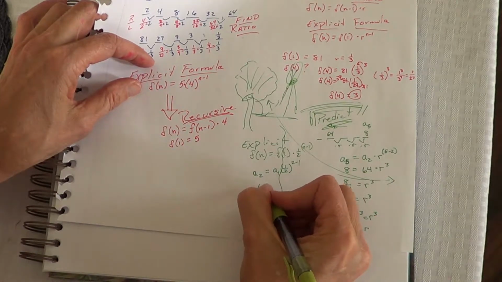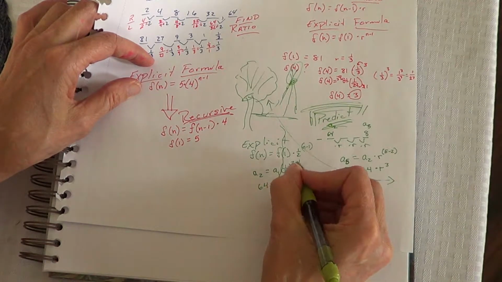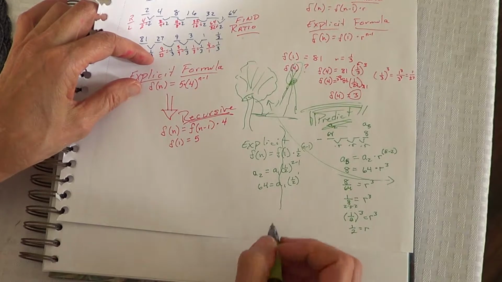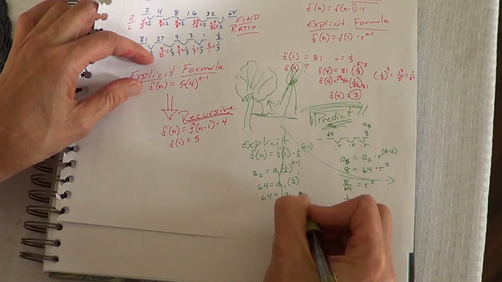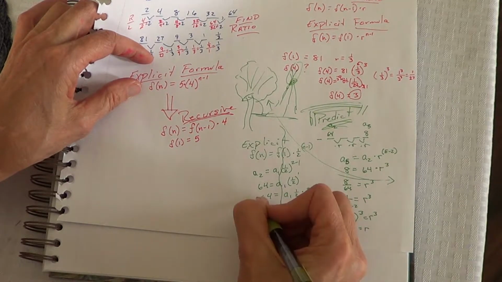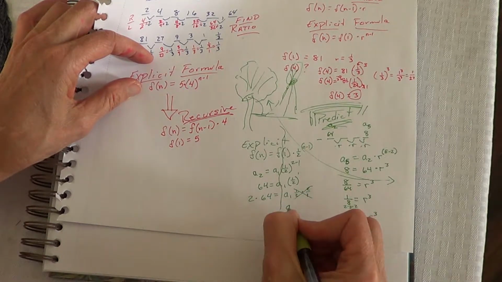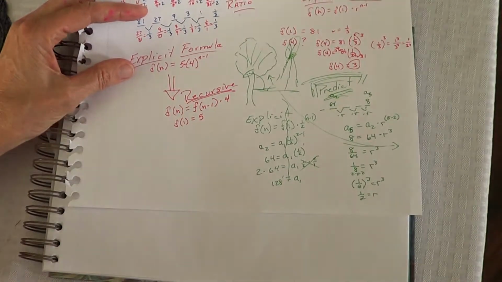So 64 equals A1 times 1/2 to the 1st. Well, that made it really easy. So 64 is equal to half of that first drop. Mathematically, just multiply each side by 2. You'll have it. That wipes out. A1 equals 128 feet above the jungle floor.